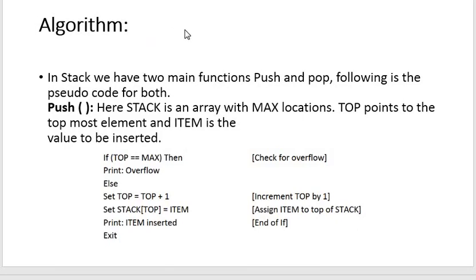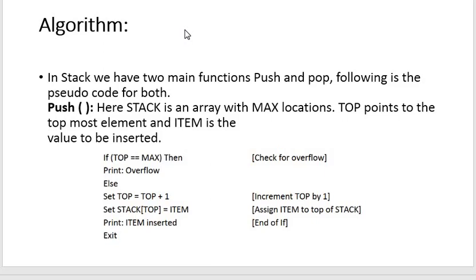The push function: here the stack is an array with max locations. Top points to the topmost element and item is the value to be inserted. If top is equal to max, then print overflow. For example, if you have a stack and it is full and you want to insert an element, you have to check the top first.